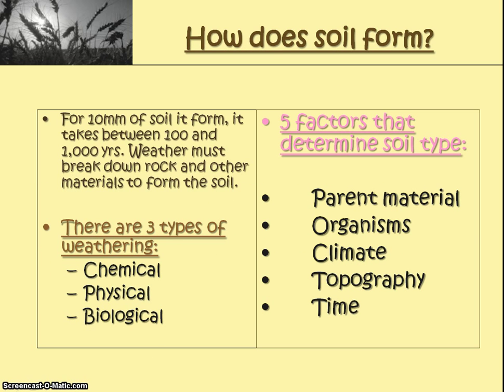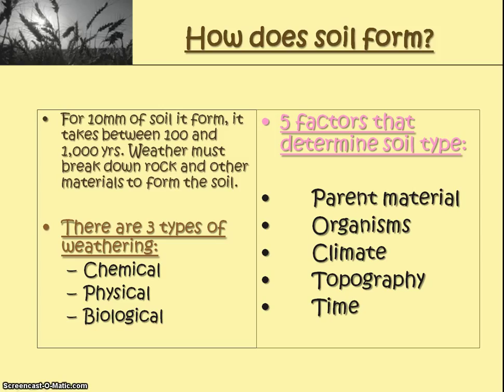We know how soil forms. We've looked at that before, so just a quick recap. There are three types of weathering that can affect how soil forms: chemical, physical, and biological weathering. And there are 5 major components that factor into the type of soil you have.